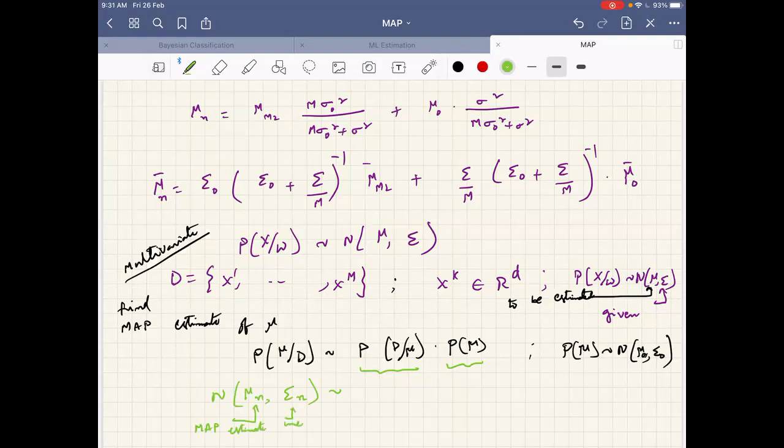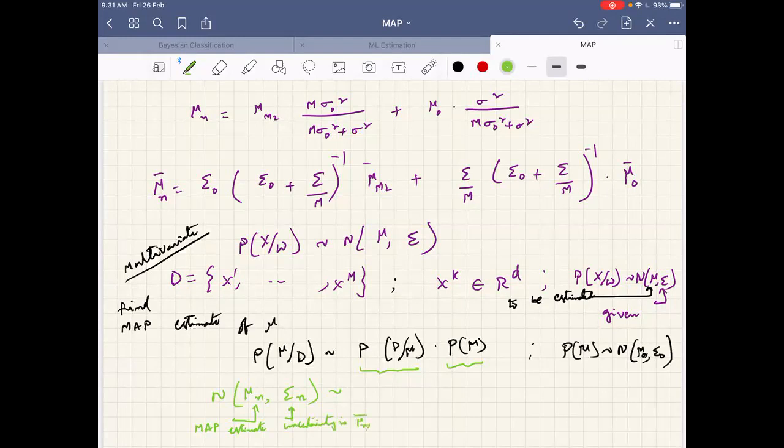This uncertainty now is not unlike the previous uncertainty. This is not a scalar uncertainty. This is with all the dimensions of mu n, in my estimate mu bar. Okay, mu n I will write.